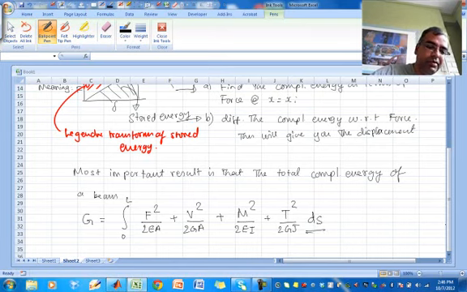This is over the length of the beam, and I have written ds because it works even for curved beams. It does not have to be straight. It can be any beam. So ds, or you can write it as dx if you like. So that's how it works.